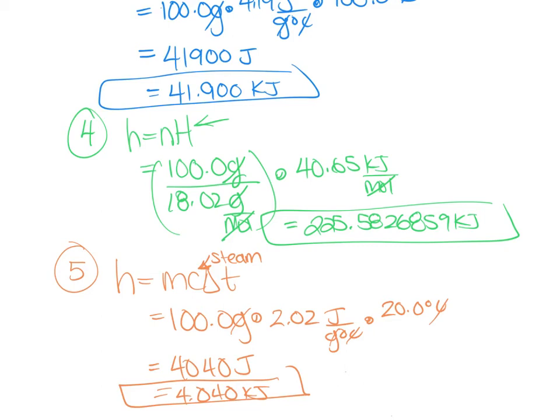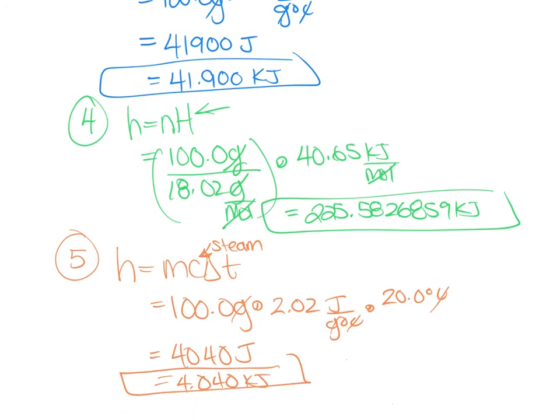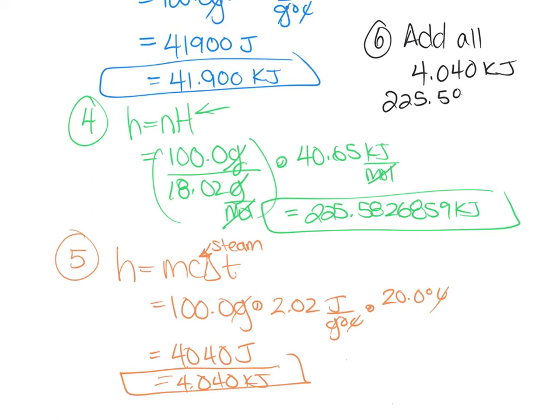So now I'm going to go back and add all my numbers together. So it's really kind of like a step number 6. I'm going to add all together the ones I can see right now. So there's this one, 225.582685.9.